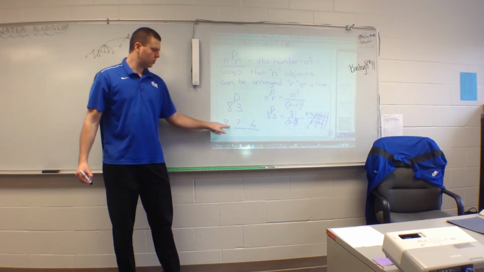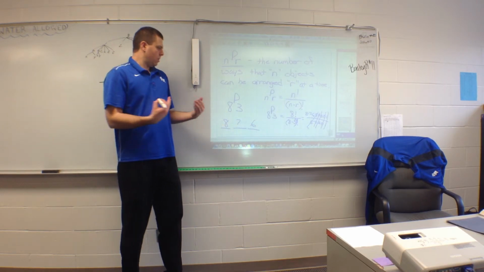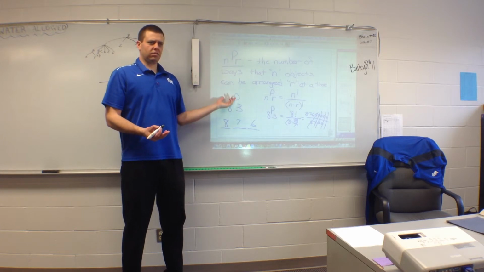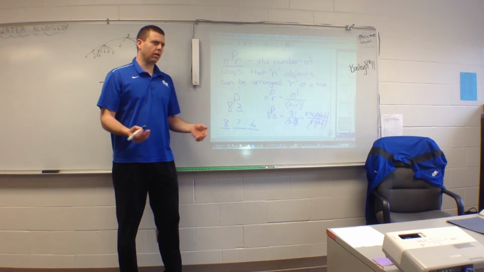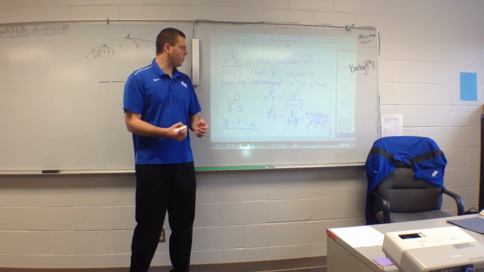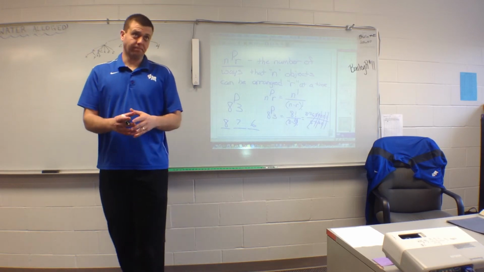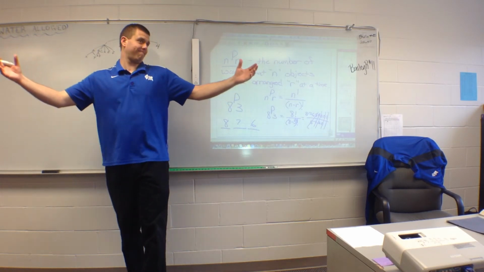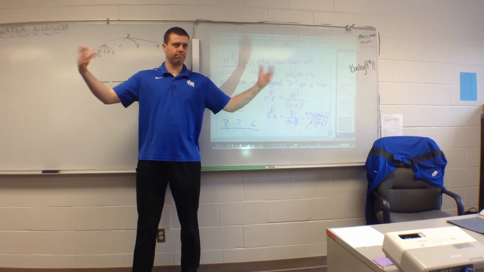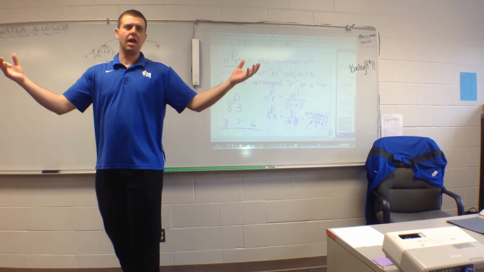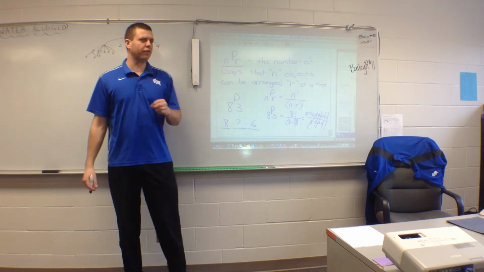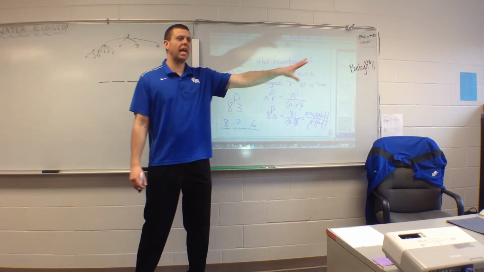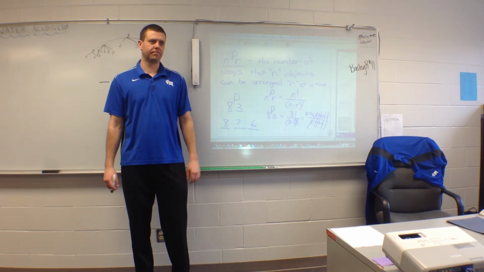So you're saying, well, why do you even teach this? Well, what if we had 100 people running some cross-country race, and I want to know how many different ways the first 18 people could finish?